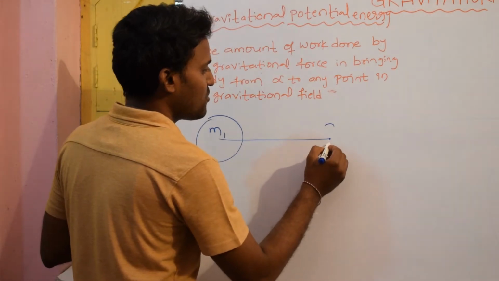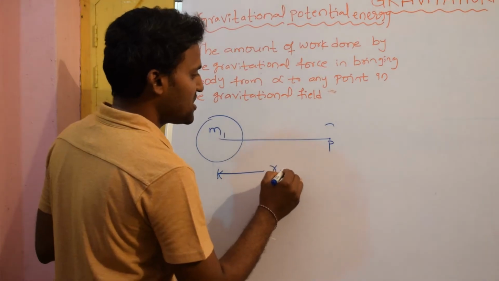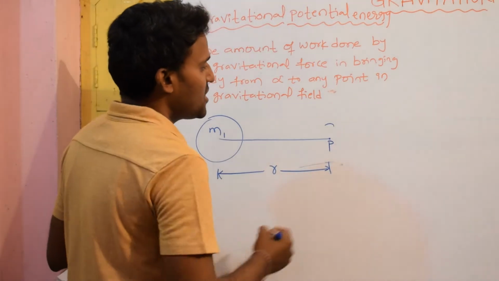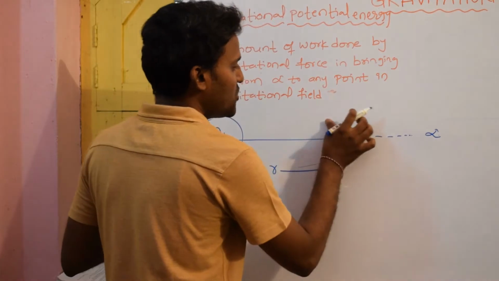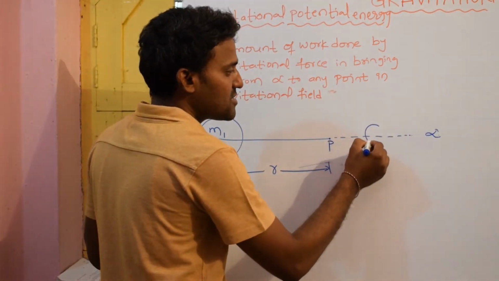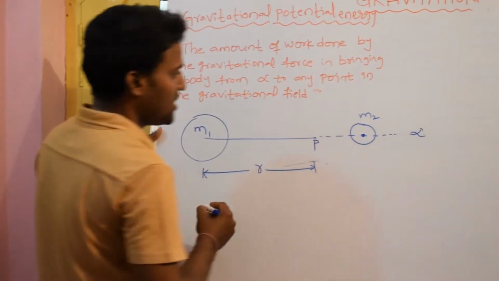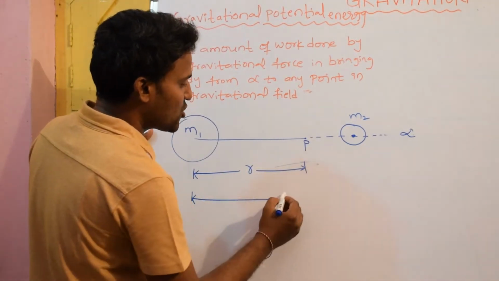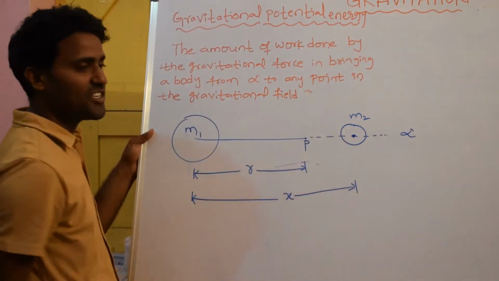The distance to point P is r, from here to point P. Now the object is being brought from infinite distance. The mass of the object m2 is brought from infinite distance, and from the center of the first object to the center of the second object, the distance is x.